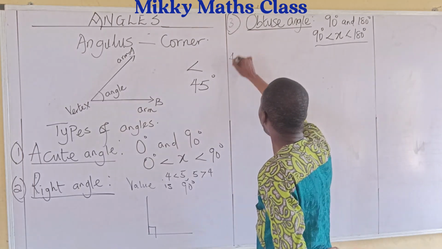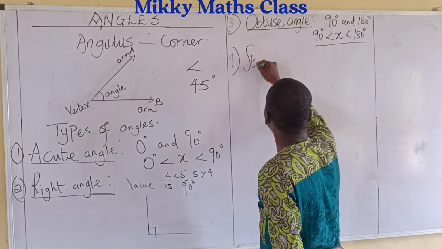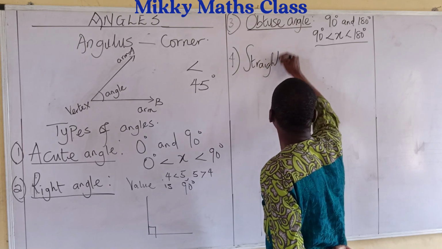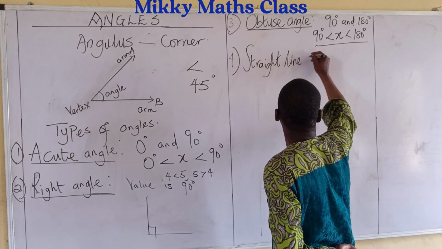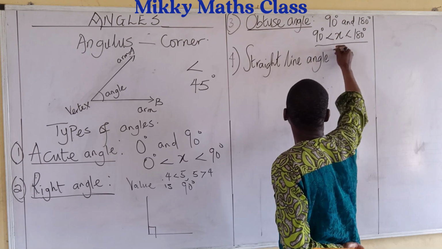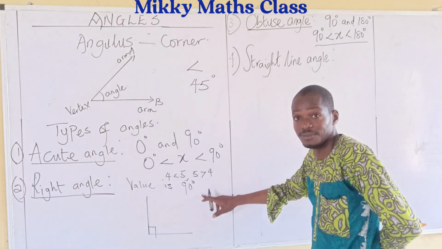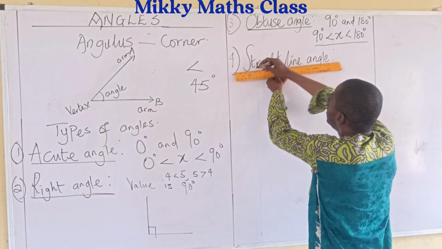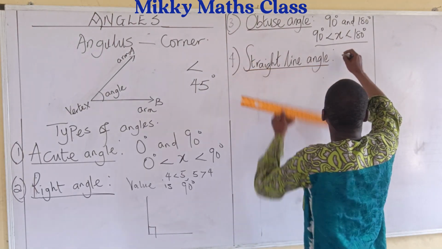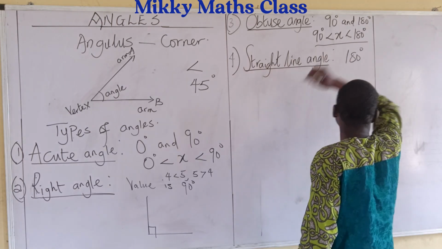Now the fourth one we have what we call the straight line angle or straight angle. Just like we have the value being exactly 90 for a right angle, a straight line angle is an angle whose value is exactly 180 degrees.